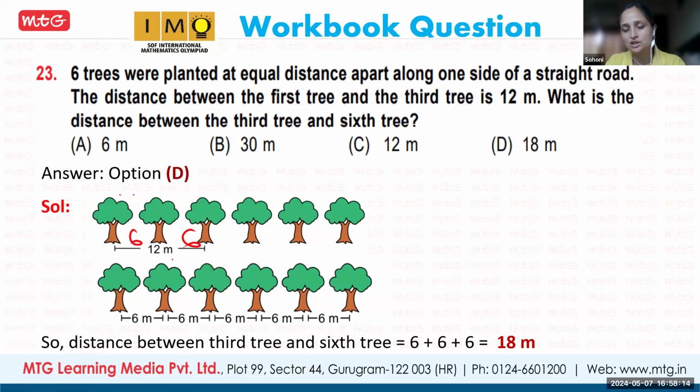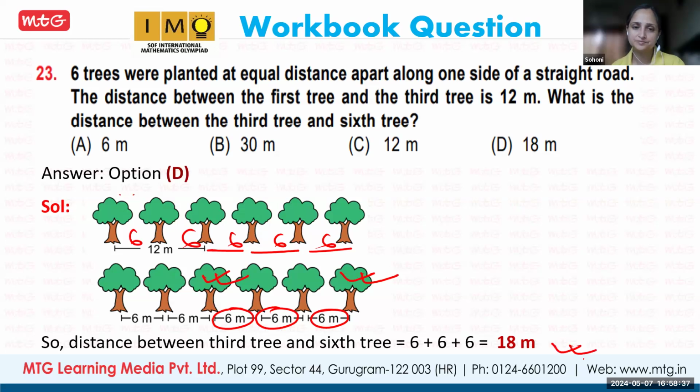So all are of 6 meter distance. Now to find the third and sixth tree, 1, 6, 2, 6 and 3, 6. So 6 plus 6 plus 6 is 18 meters.